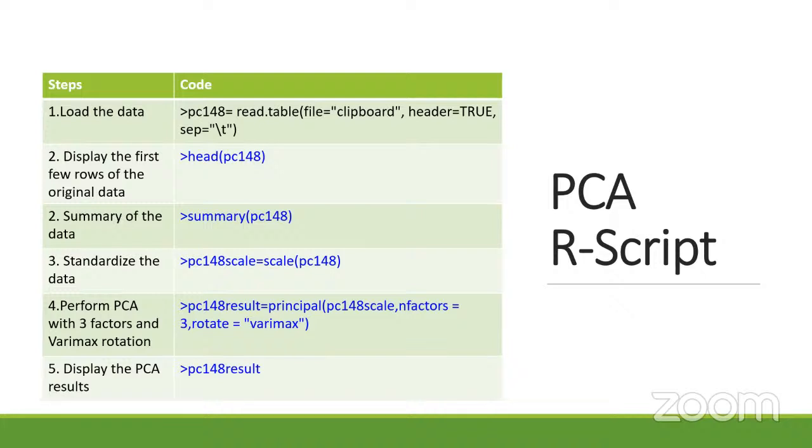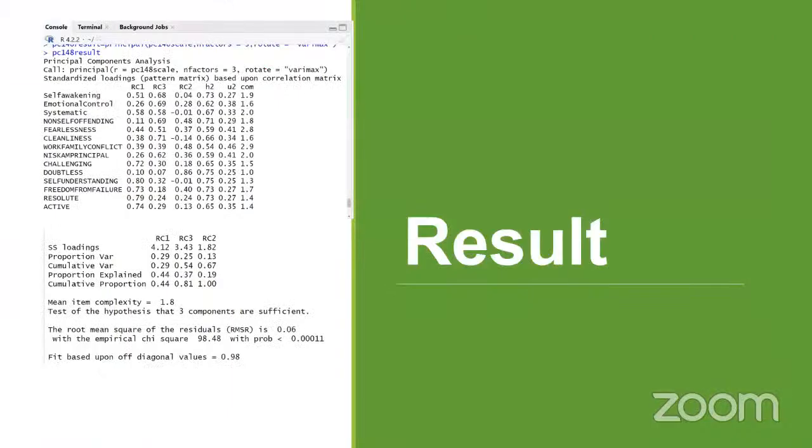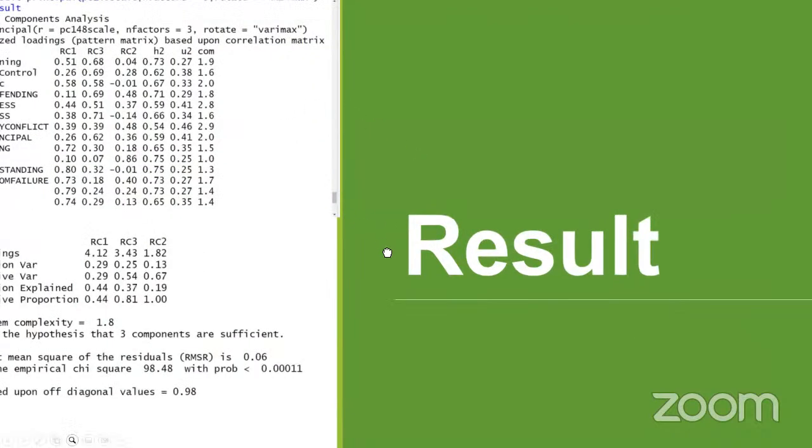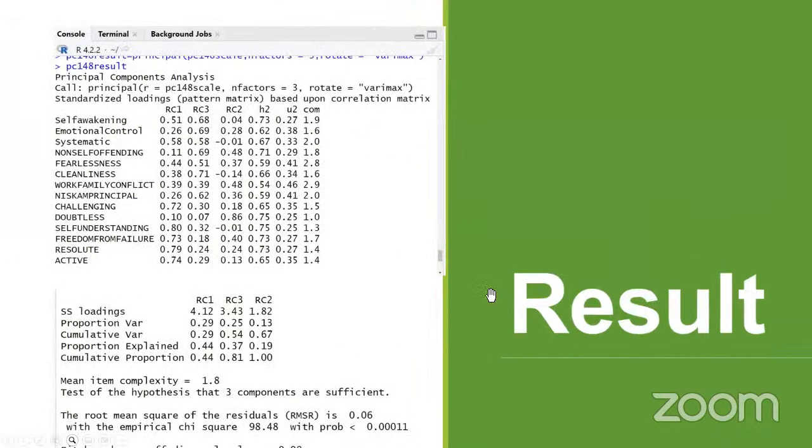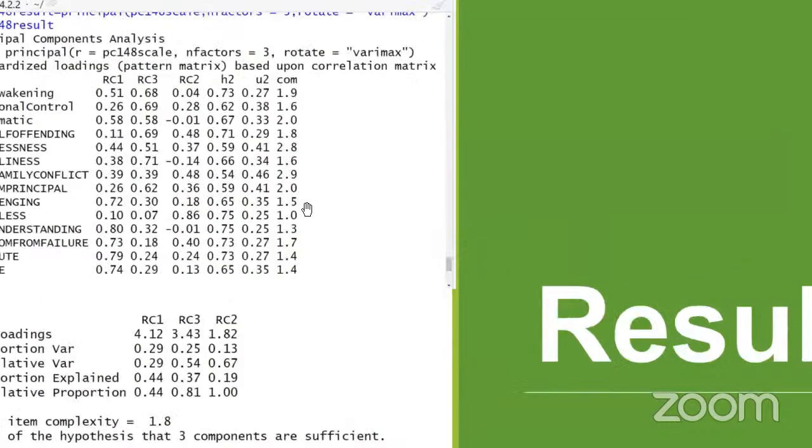That means these 14 domains can be explained with the 3 factors. Here I have written rotate, Varimax. Varimax rotation is there so that we can extract the factors which are independent in nature.